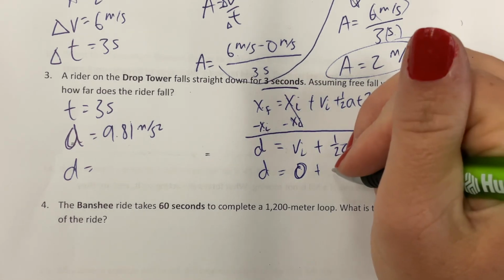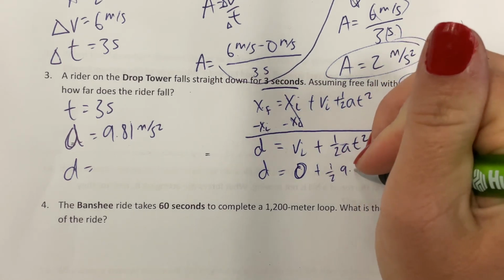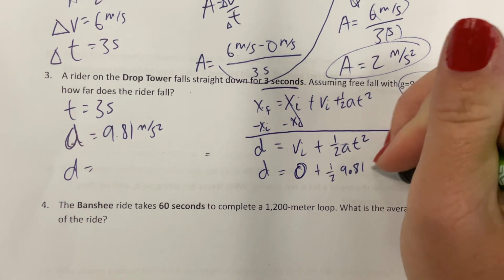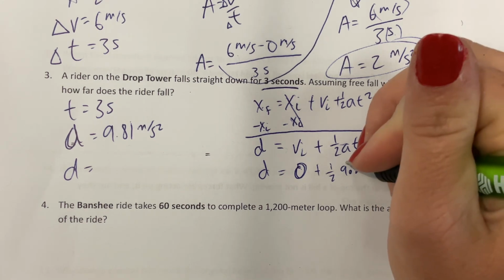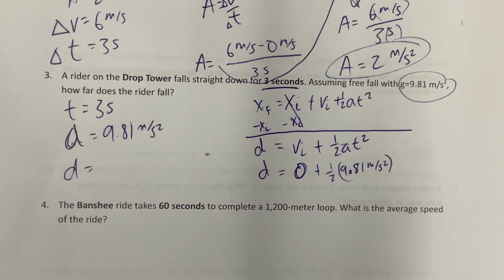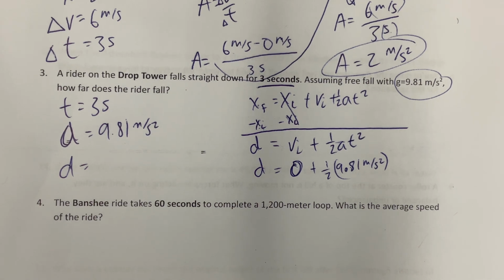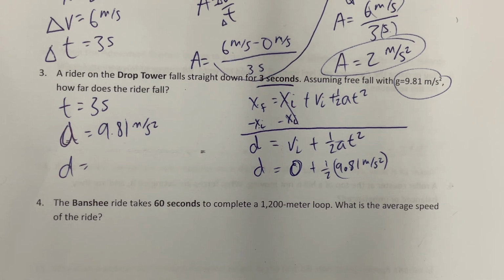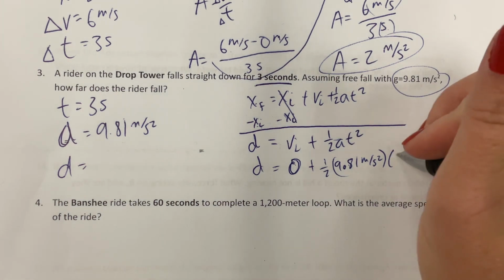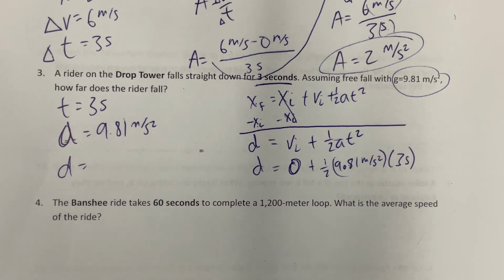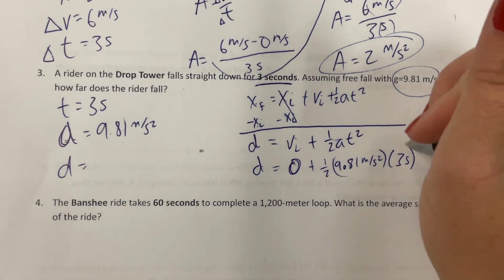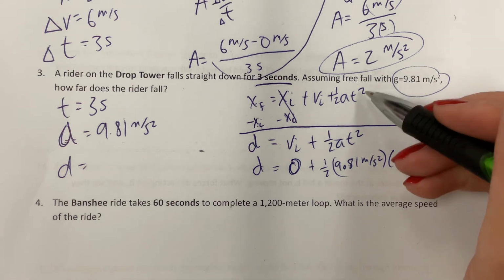So I'm gonna use that 9.81 meters per second squared. And if they don't tell you that it's 9.81, I would just use 10, but since they specified to use that one, we're gonna use that one. Okay, and then the amount of time that it took was 3 seconds. Okay, and we need to square that since it's squared in our formula.